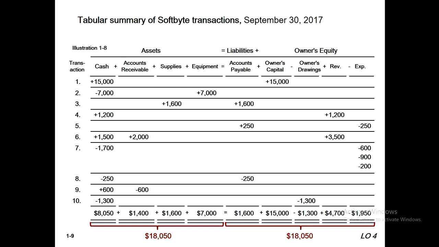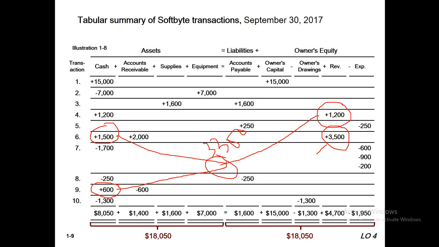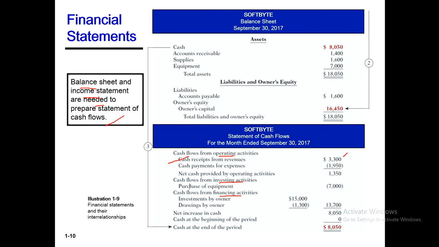This is the revenue side, but we could not get the revenue figures all in cash. We have received cash only these figures, and these figures are collection from accounts receivable. Combined, these are $3,300.